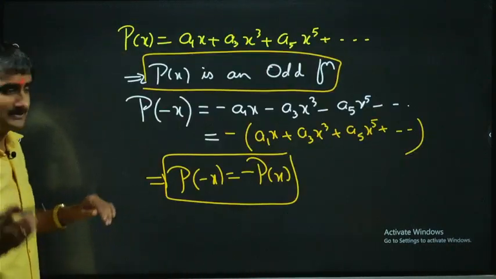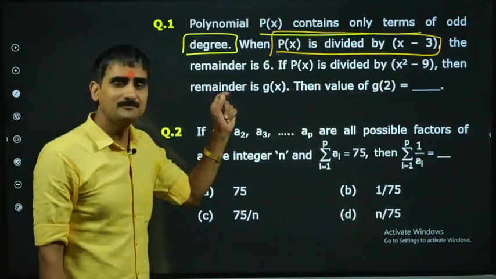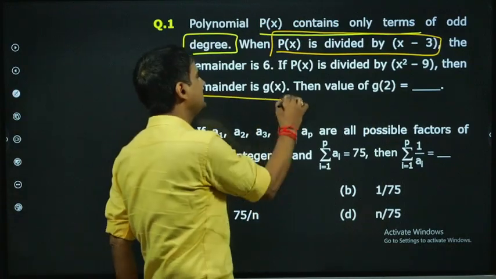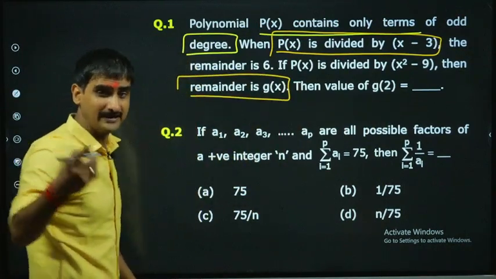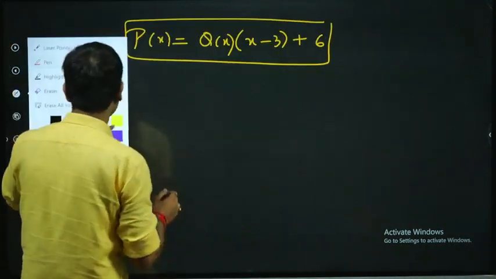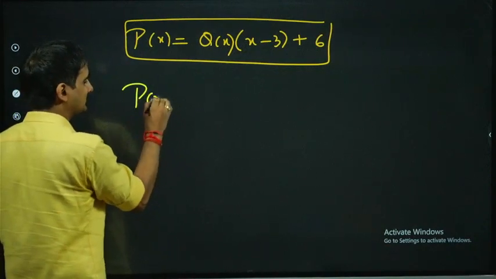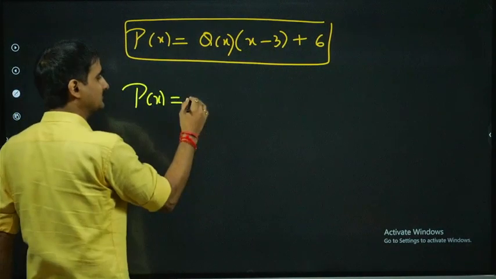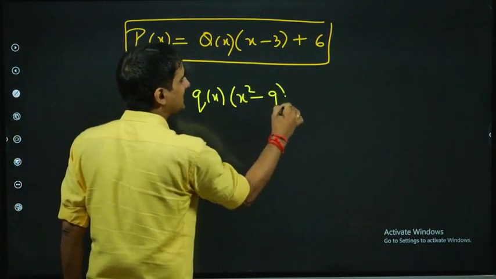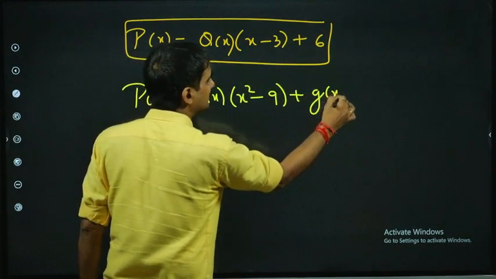Similarly, we have one more statement: if p of x is divided by x square minus 9, the remainder is g of x, and we have to find g of 2. So p of x is again the dividend, this time the quotient is a small q of x, the divisor is x square minus 9, and the remainder is g of x.